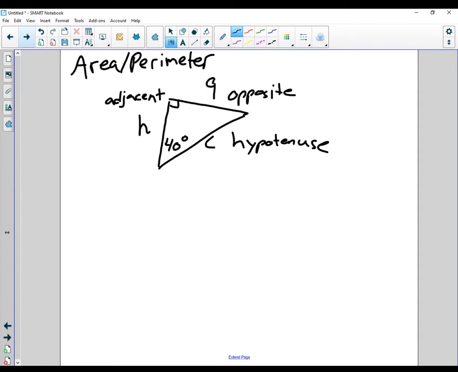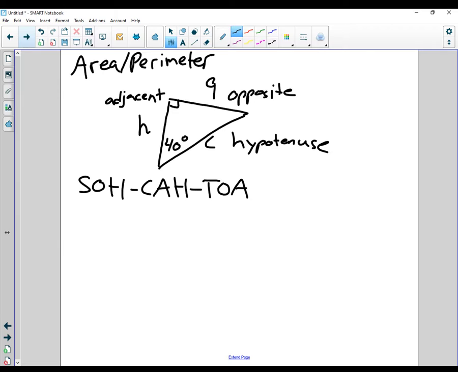Okay, if we're looking for h, and we know the opposite side, if we're using SOHCAHTOA, which one of those uses opposite and adjacent? Because that's the side we know and the side we want. Yeah, tangent, right?